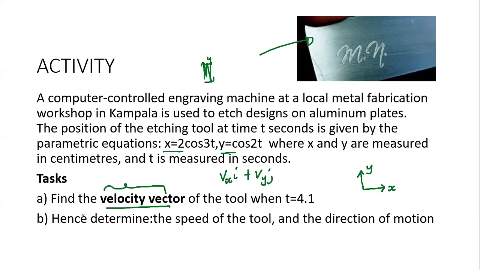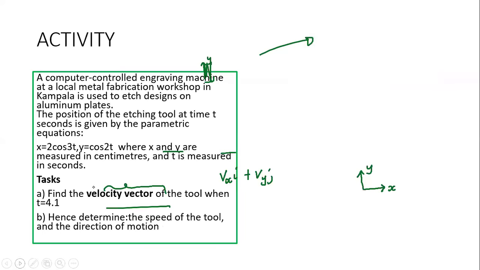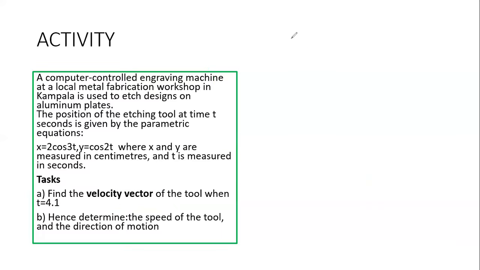Now, you need to remember what we have is displacement. X is equal to 2 cos 3t is the displacement. Y is equal to cos 2t is the displacement. So what are we going to do? Now we know that in order for us to obtain velocity, we always differentiate the displacement.